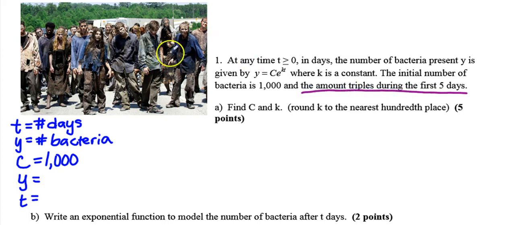So I know that t is 5. But how do I deal with this, the amount triples? Well, it's 1,000 that's tripling. So what does that mean for my y value? If I do 1,000 times 3, I get 3,000. Just going to add this in case you want it as a note.